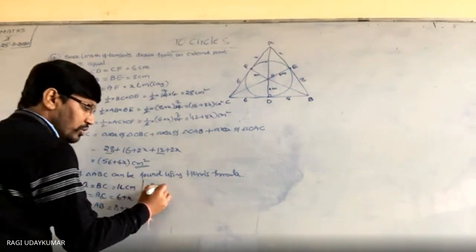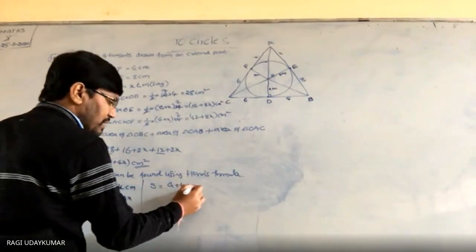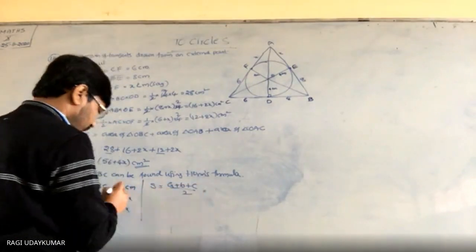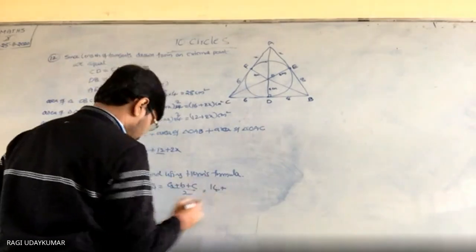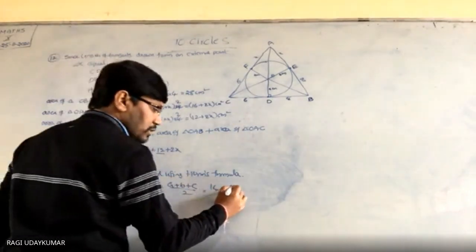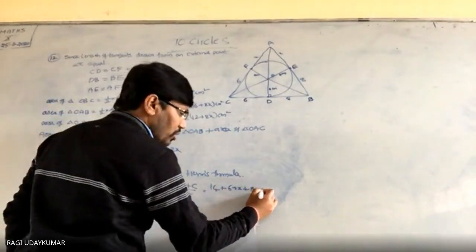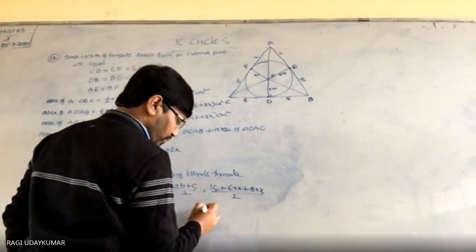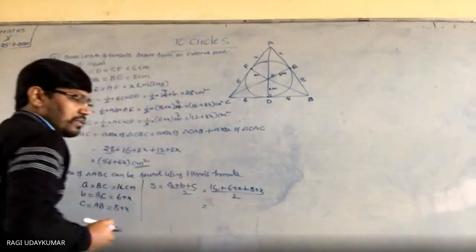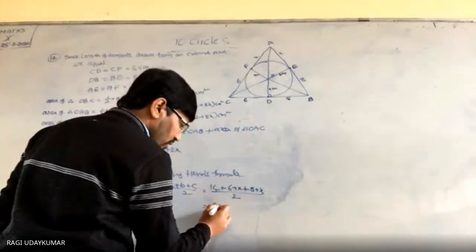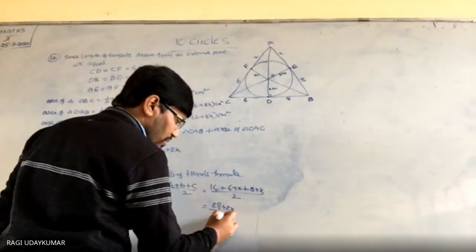And s is equal to a plus b plus c by 2. That is 14 plus b, which is 6 plus x, plus c, which is 8 plus x, all by 2. The problem length is more, but it is not complicated. So 14 plus 6 is 20, 20 plus 8 is 28, plus 2x by 2.